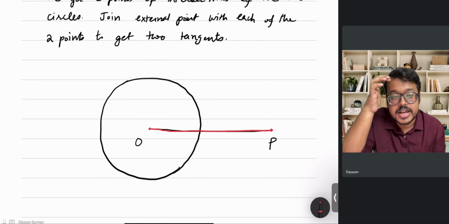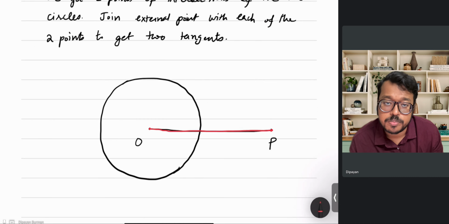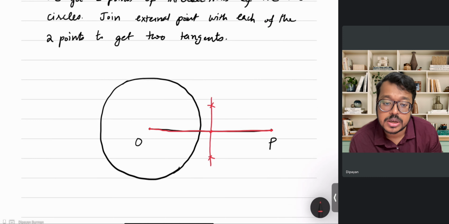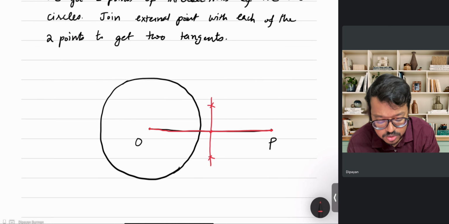Then try to find the midpoint of OP, not by using a scale but use perpendicular bisector construction. So if you do that construction, let's say this is the midpoint of OP. Let's call it O dash.